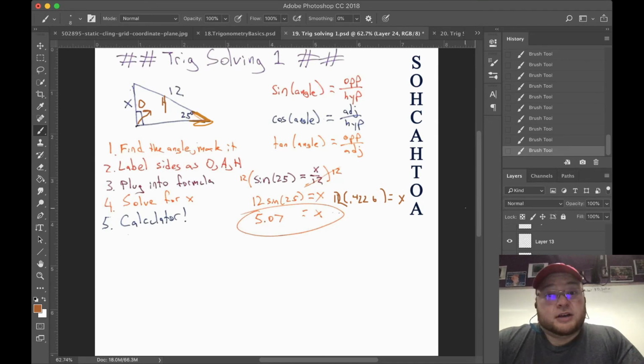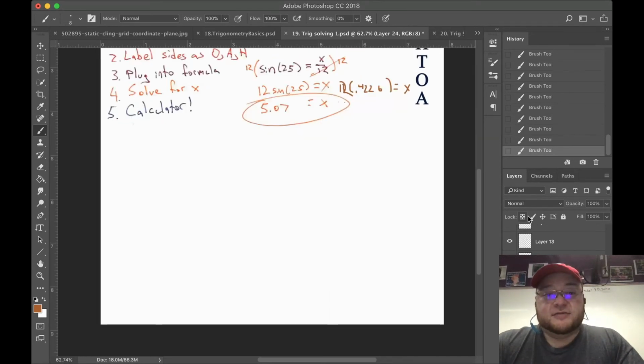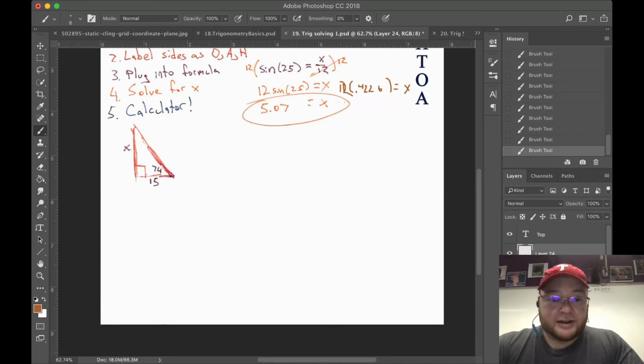Let's look at a triangle. Step 1, identify the angle that I've given you. I like to trace it: it's this angle right here. That lets me label our sides.